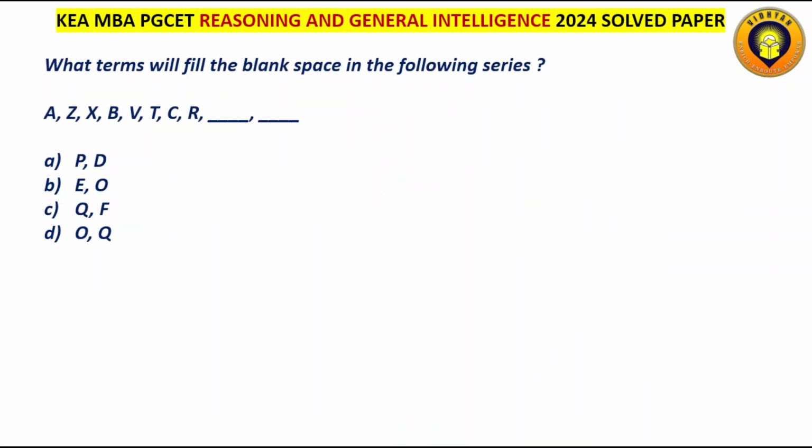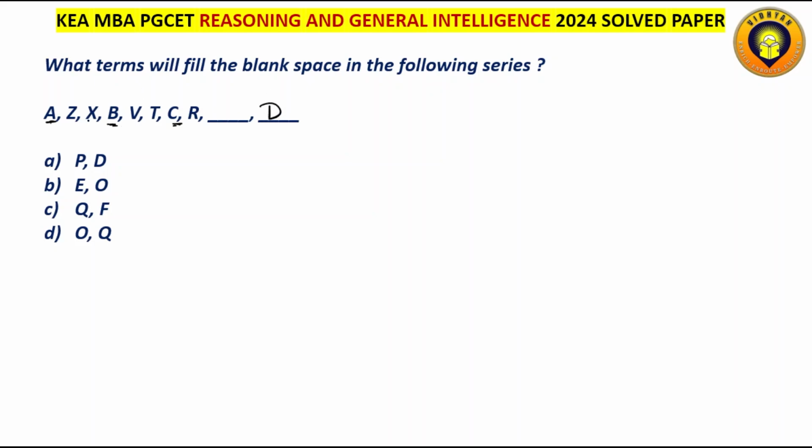What terms will fill the blank space in the following series? A, Z, X, B, V, T, C, R. See, it is A, B, C, right? A here, after 2 letters, then it is B, then after 2 letters it is C. So therefore after 2 letters here it will be D. Correct?